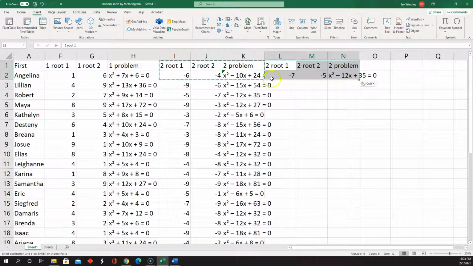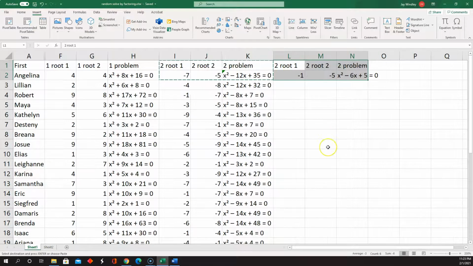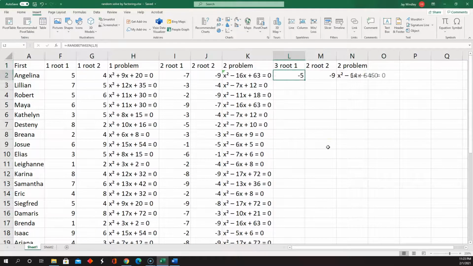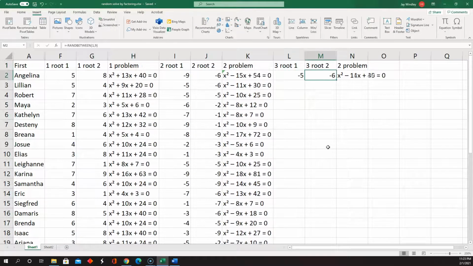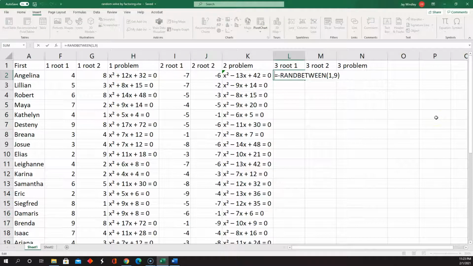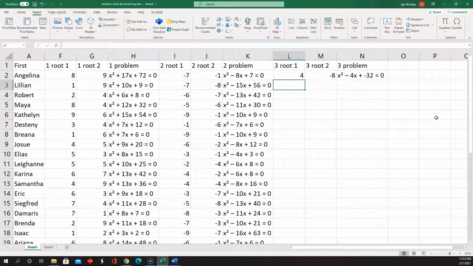All right, and here comes problem 3. 3 root 1 and 3 root 2 and 3 problem. Now I want one of the roots to be positive and the other one to be negative.